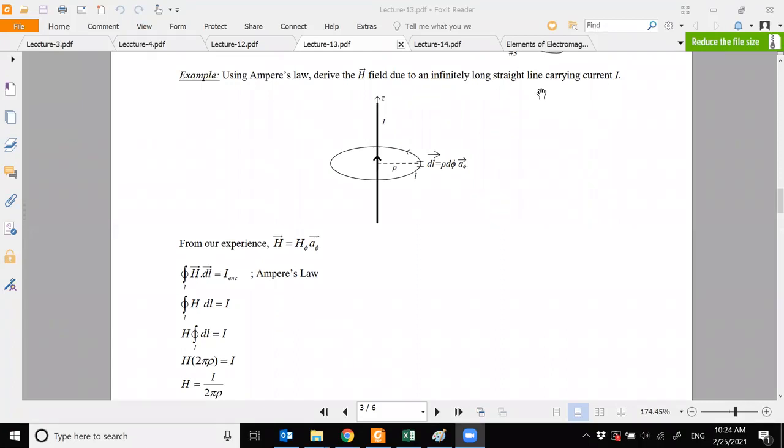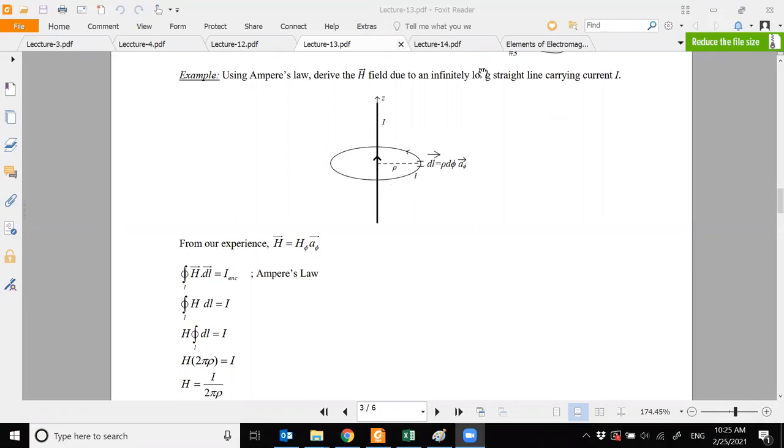This is a hypothetical path which doesn't exist, but we just put it to apply Ampere's law. Very similar to how we did it in Gauss's law, we enclosed it in a closed surface, and then we applied Gauss's law to that closed surface, which was a hypothetical one. Here also it's the same, but instead of a surface you have a closed loop.